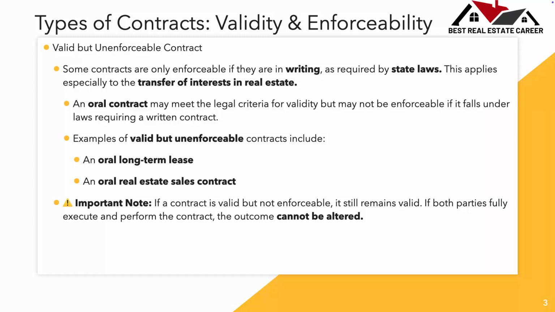It has all the components: the tenant is giving money for the lease, and the landlord is allowing the tenant to live in the premises. Yet it might not be enforceable if it goes in front of a jury of your peers.